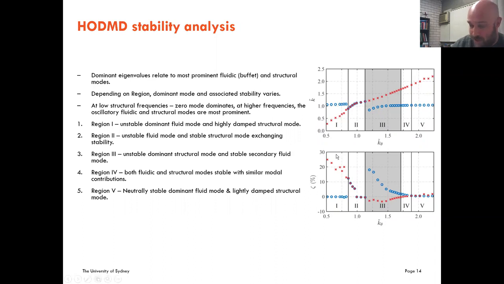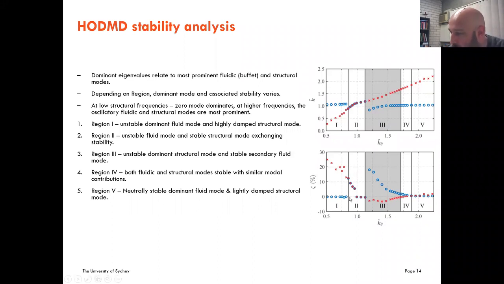So the structure is nice and stable in this case, but the flow, being just a shock wave oscillating as a sinusoid, has near zero damping. But as you change the driving frequency, the shock wave oscillation starts getting closer to your pitch stiffness oscillation, so the two start to lock into each other.